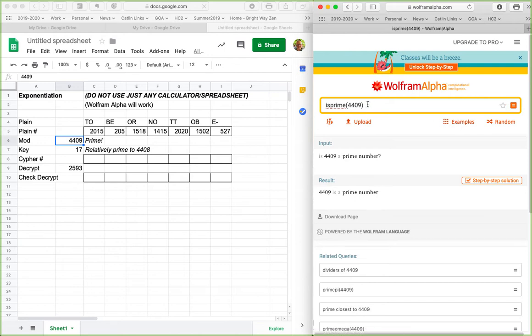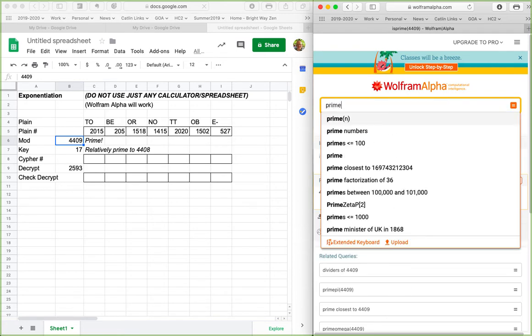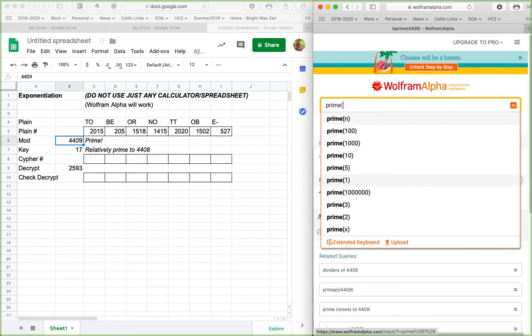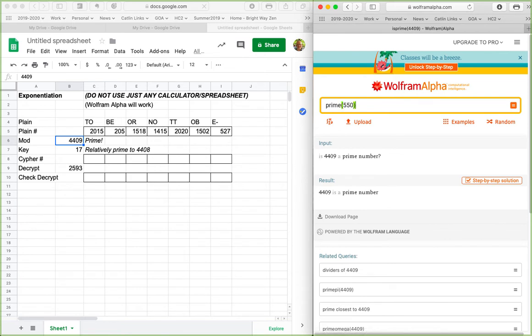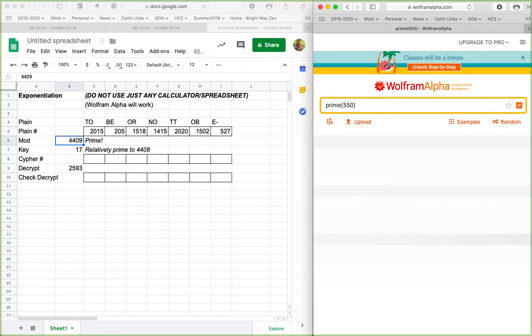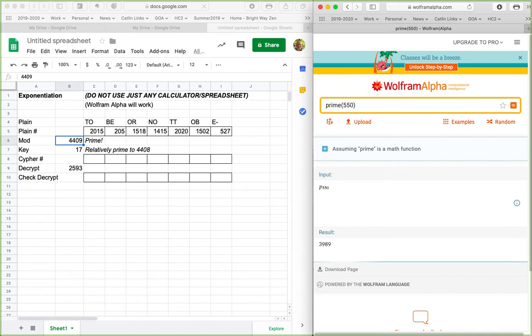Of course, obviously, you could keep picking composite numbers. So another way to do this is to use the command prime and pick which prime you want. So I'm going to say 550. It'll return the 550th prime number. So I hit enter, I wait patiently while it calculates it, result 3989.